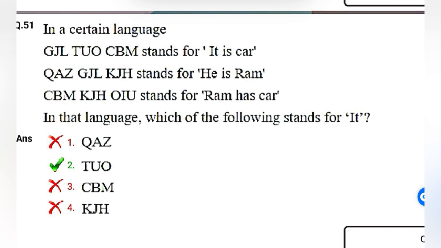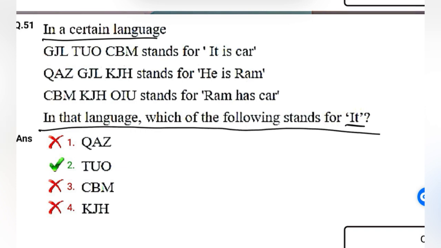In a certain language, these terms are given. So, in that language, which of the following stands for it? Let's compare 1 and 2. The common one is GJL, and here the common is.